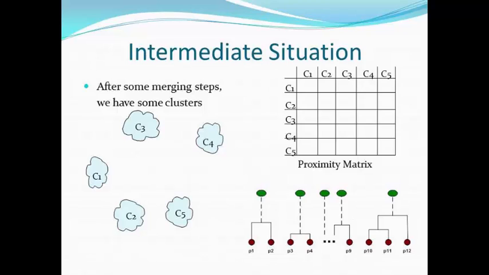And basically, for these 5 clusters, you can either update to the center, look at the distance to the center, or you look at the closest distance, minimum distance between them, or maximum distance between them, or average distance between them if you use the centroid. That's all up to you. And then you update this matrix.